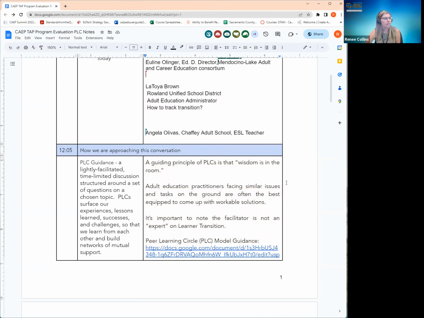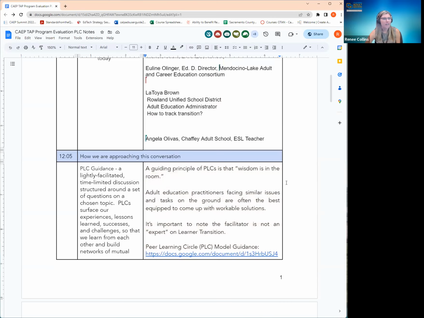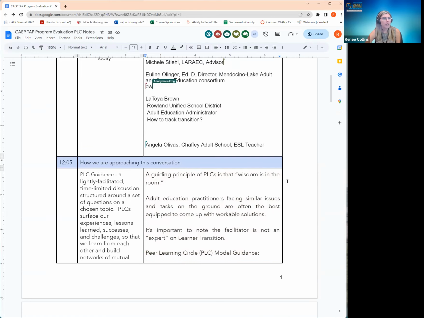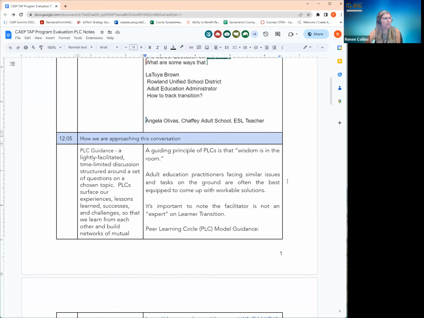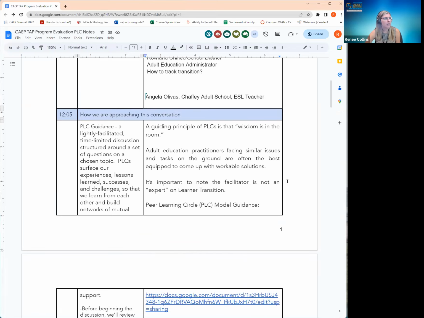I too am not an expert on program evaluation. I have been an administrator at an agency working with program evaluation, so I have my own experiences, but again, I'm not the expert. We are all experts today. So we're looking forward to the robust conversations that we'll have over the next hour.